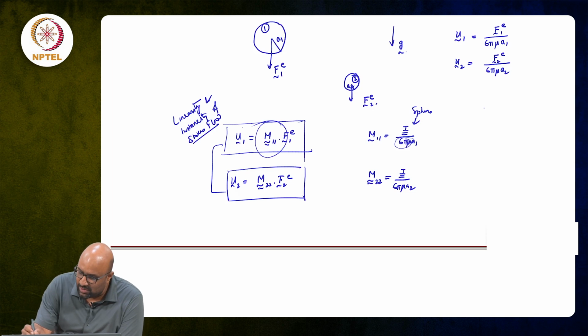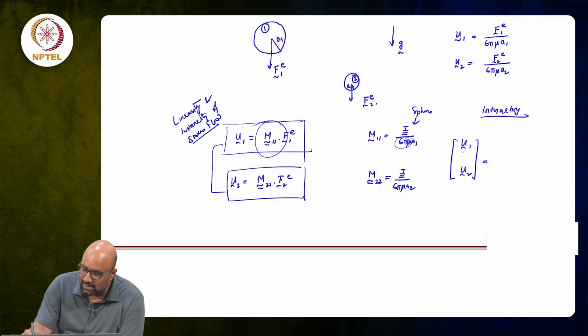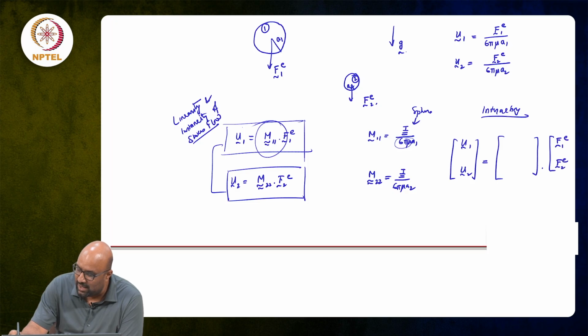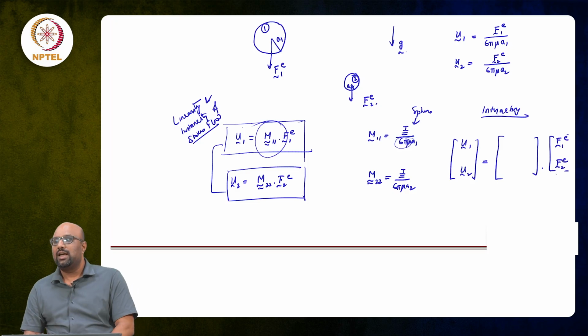So, now when you say they are interacting, the linearity of Stokes flow tells us that the velocity of particle 1 is going to depend on the force experienced by particle 1 as well as the external force experienced by particle 2.